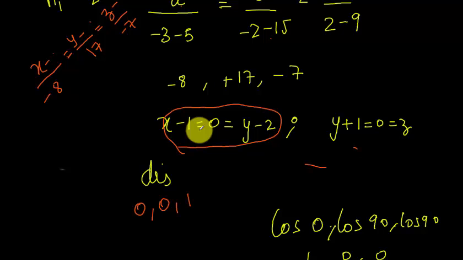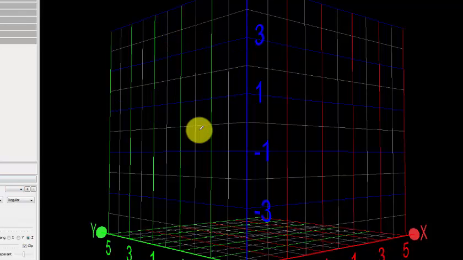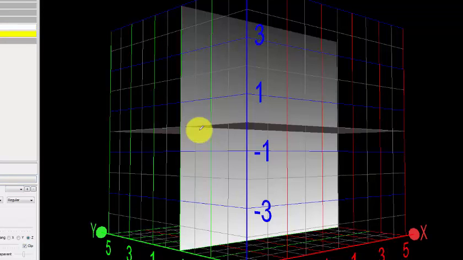And if I'm looking at that equation, which is y is equal to -1 and z is equal to 0, let's go back and plot that. Z is equal to 0 and then y is equal to -1.